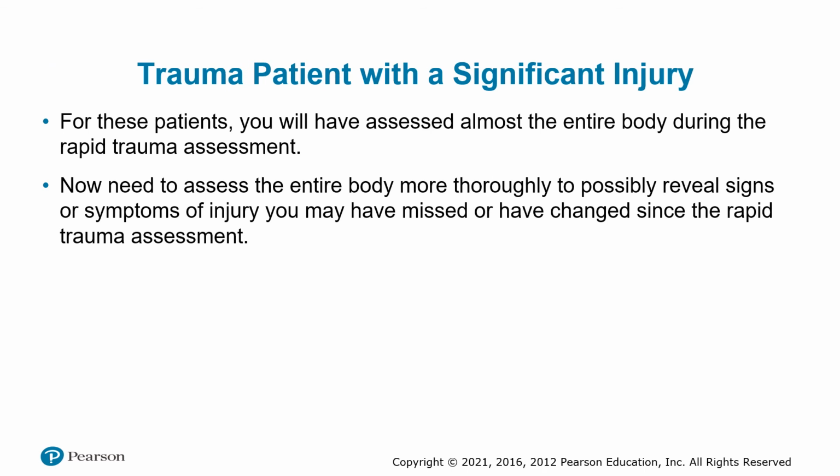Trauma patients with significant injury. For these patients, you will have assessed almost the entire body during the rapid trauma assessment. And now, in this detailed trauma assessment, you're going to give the body a more thorough look over. You're going to look at possible signs and symptoms of any kind of injury that you may have missed or may have changed since the rapid trauma assessment.